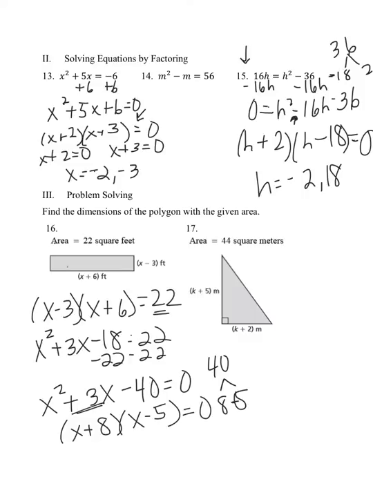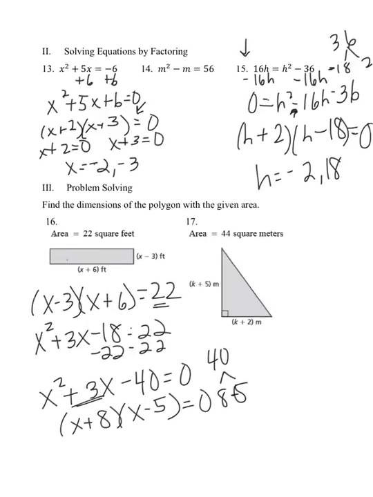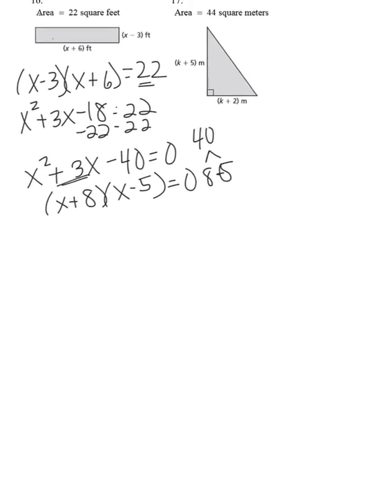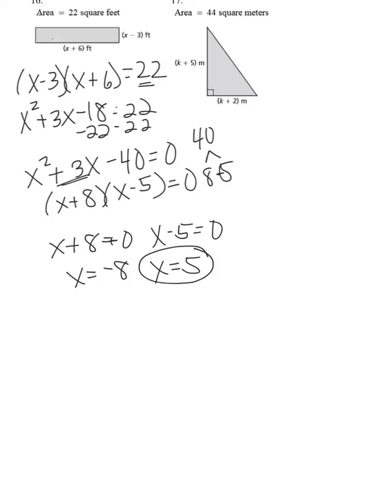So when you have this, now we're going to set it equal to 0. I have my two binomials, and I'm going to set them equal to 0. So x plus 8 equals 0. Oops, x minus 5 equals 0. x will equal -8, x will equal 5. There is only one value for this problem. The value is going to be a positive 5.